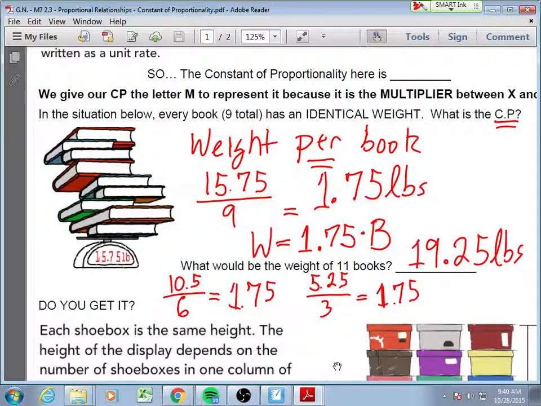It will always give you the same value because it's constant. It's the constant of proportionality. So any y divided by the corresponding x, here my y value is the weight, my x value is the number of books. So yeah, great question.